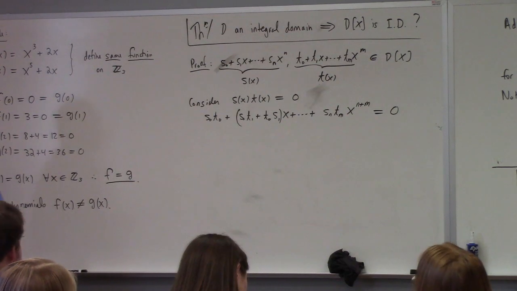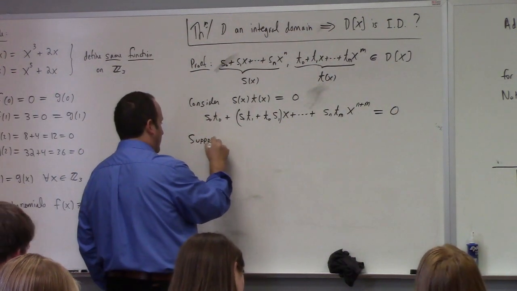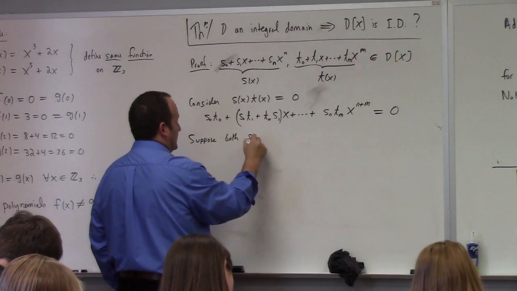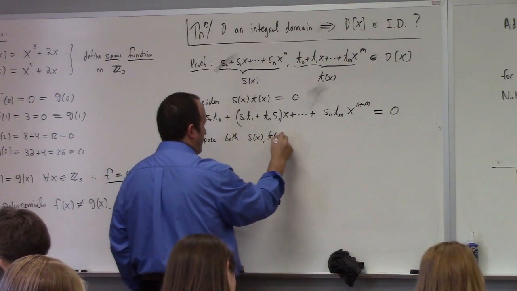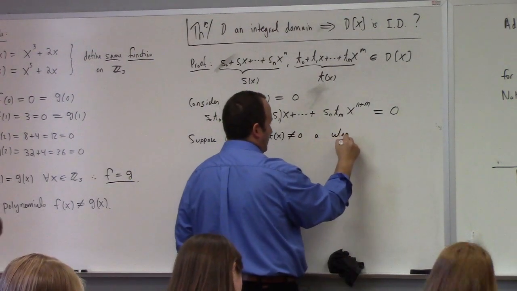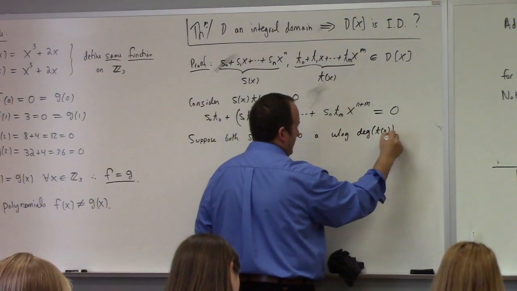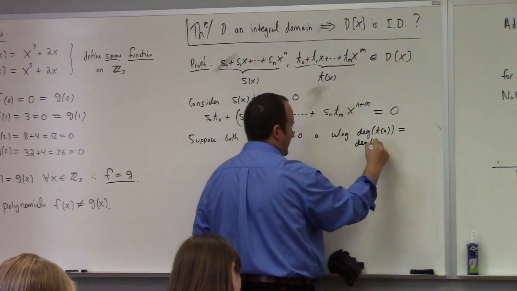Now, suppose both s of x and t of x are not equal to 0. And without loss of generality, the degree of t of x equal to what? And the degree of s of x equal to what?